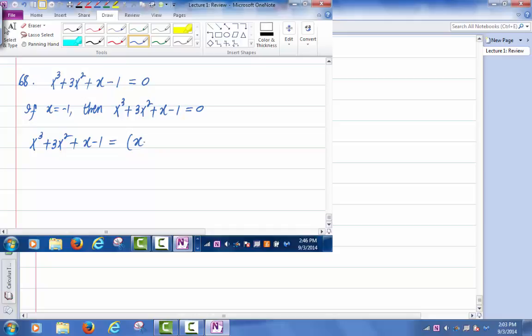Which would be what? x plus 1. So what happens is that you can factor out this polynomial as x plus 1 times something. That something, it will be a what? Quadratic, right? Because it's a cubic polynomial. You're going to have a quadratic polynomial.